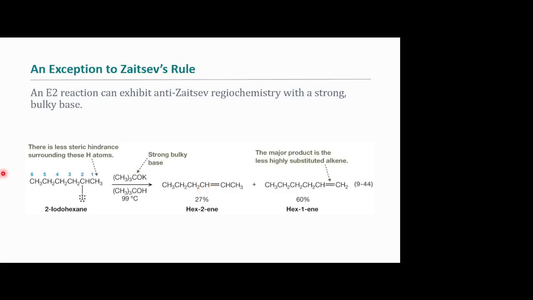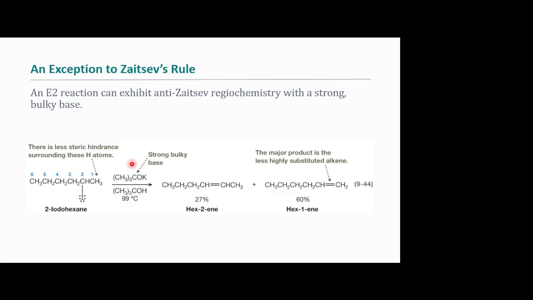Okay? And so, an E2 reaction can exhibit anti-Zaitsev regiochemistry with a strong bulky base, like this one right here. And so if we have a strong bulky base, what are we going to have happen when we try to attack a region with more substitution? Well, it's going to have more repulsion, isn't it?